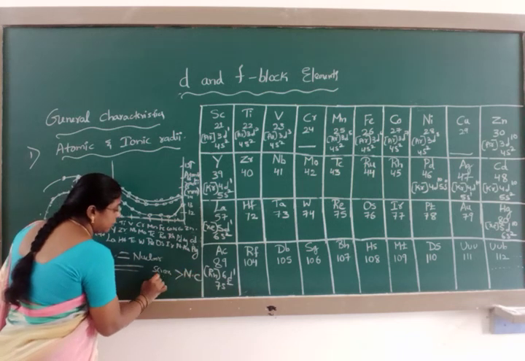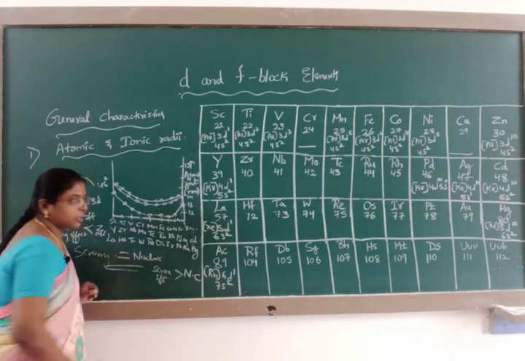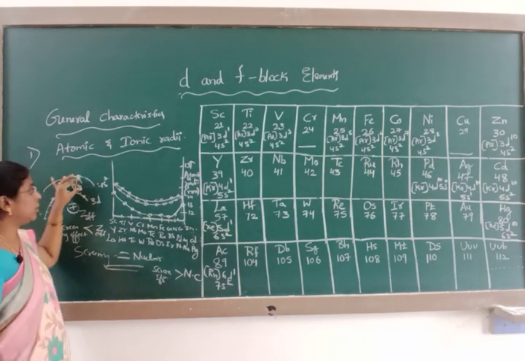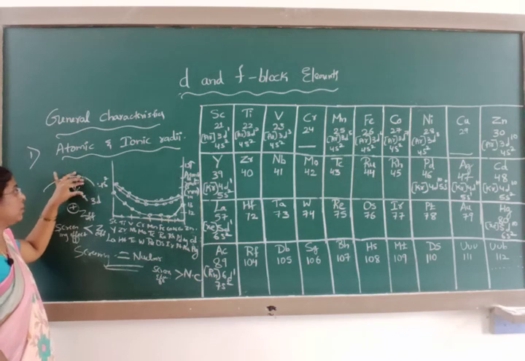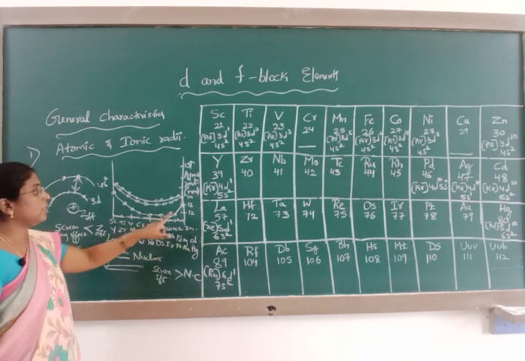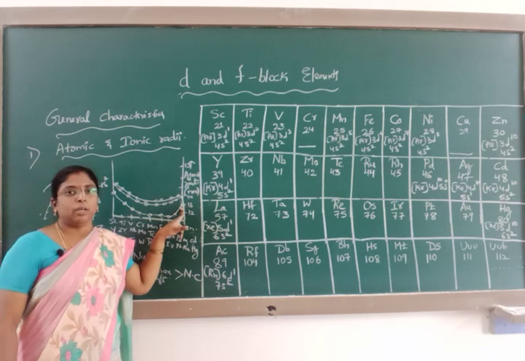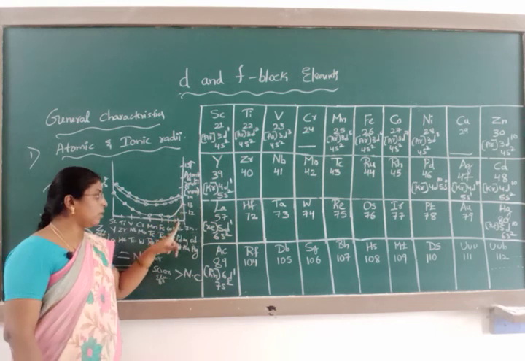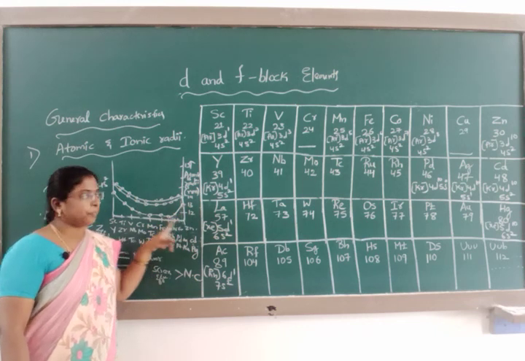Since the screening effect is more, there is a repulsion. When they repel each other, the radius suddenly increases due to electron repulsion. Hence, there is an increase in atomic radius after copper.